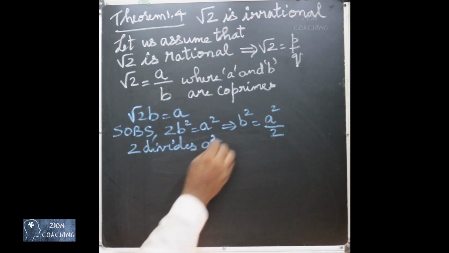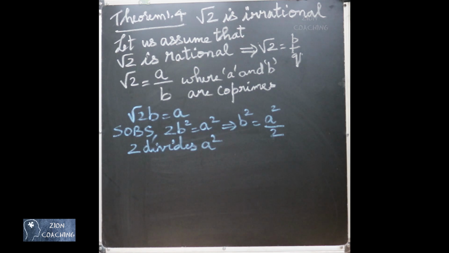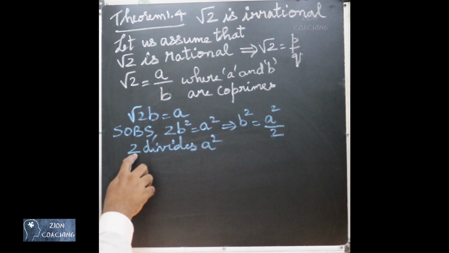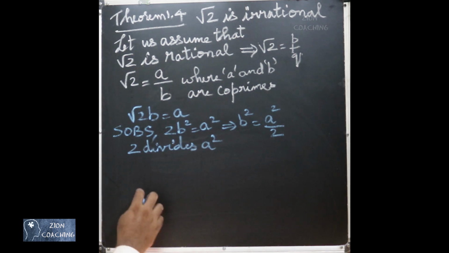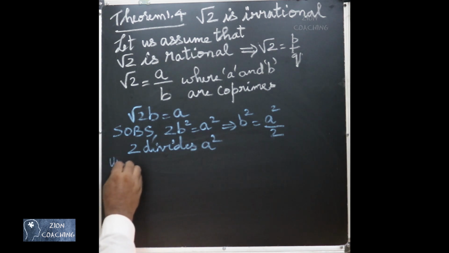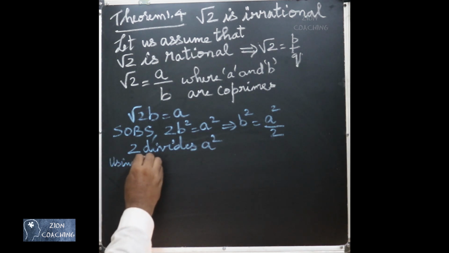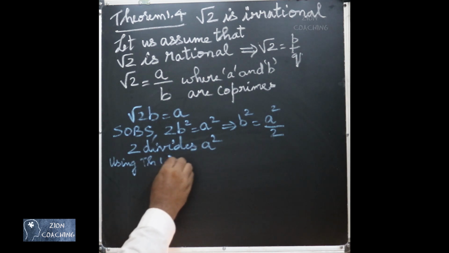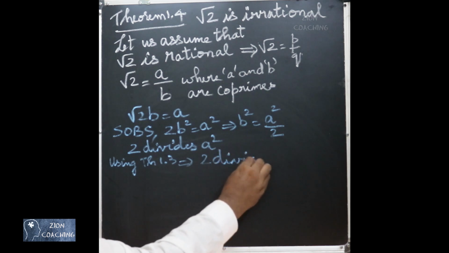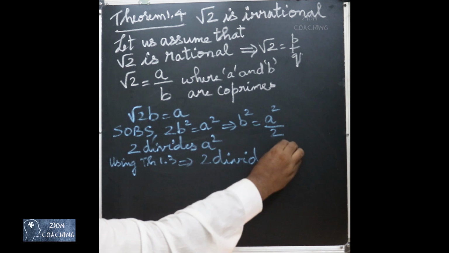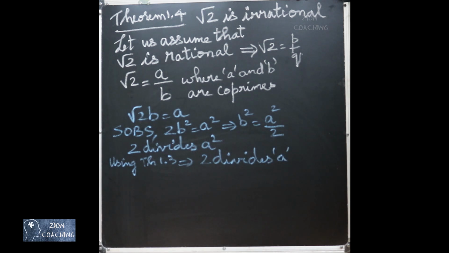Now you bring that theorem 1.3 into your mind. If a prime number p divides a squared, then it will divide a also. So using that theorem 1.3, we can say that 2 divides a.